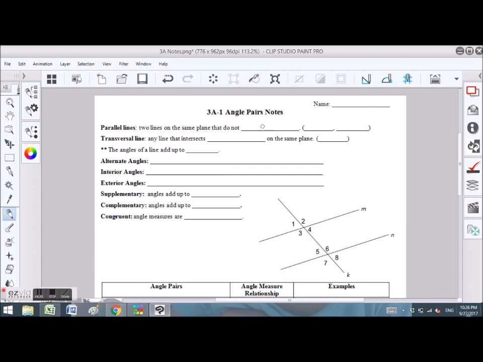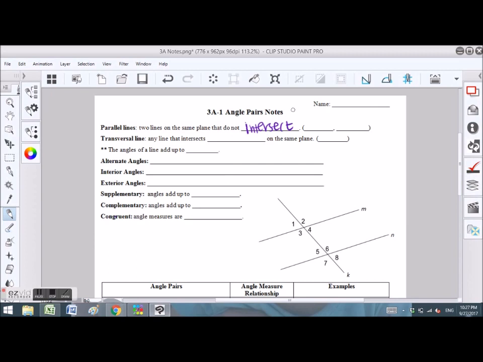So the first thing that's really important to know is the definition of what parallel lines are. Parallel lines are two lines on the same plane that do not intersect. That means that they never cross.